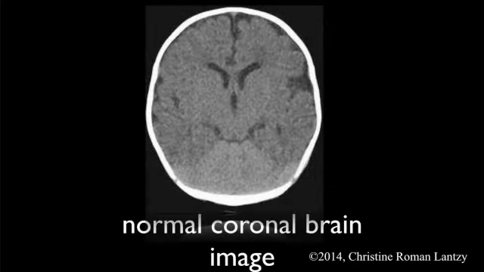So this image shows a normal coronal image of a brain. You see the ventricles in the center of this slide, again, look sort of like butterfly wings. They're curved shapes, and they are similar in shape. They are not swollen. They're not enlarged. Those are normal.